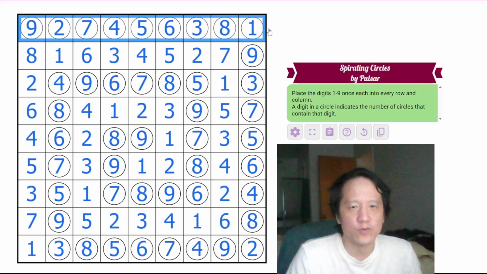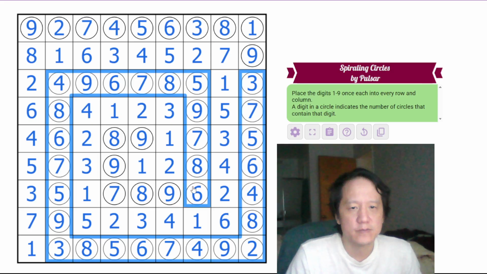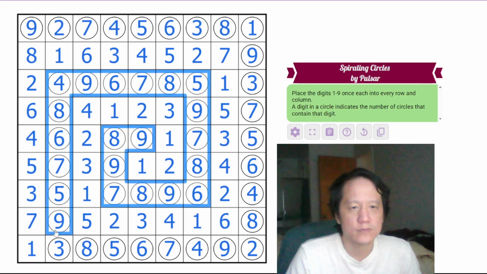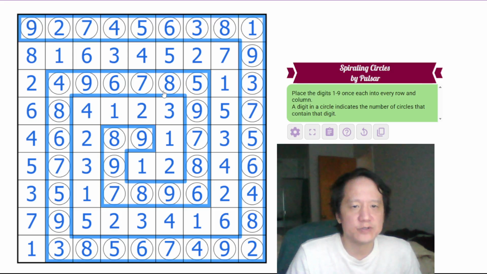It's fairly straightforward if you just think about it a little bit. But yeah, pretty cool puzzle. It's very similar to another puzzle I did.